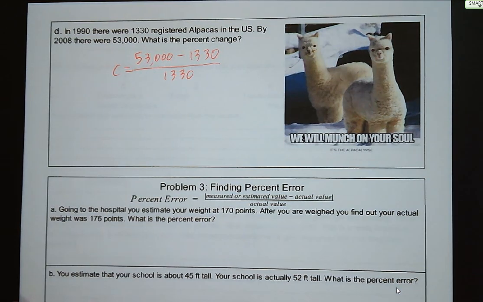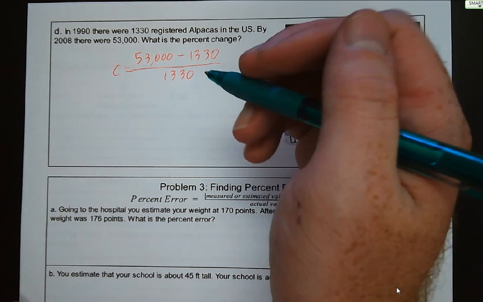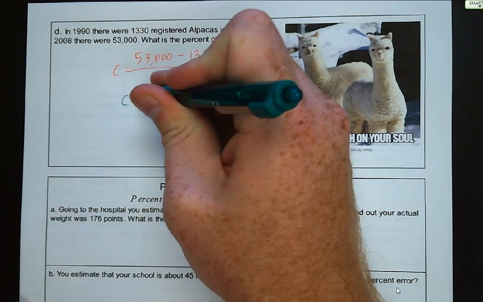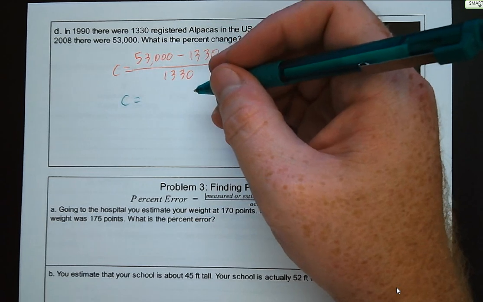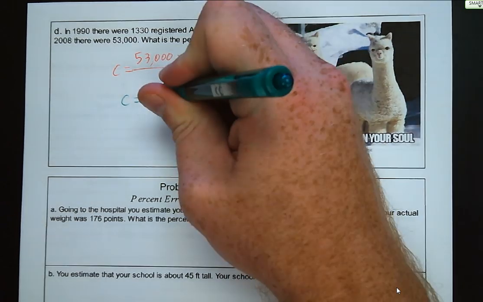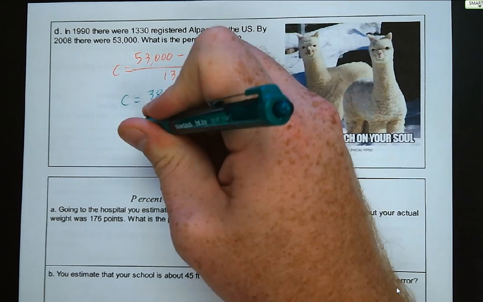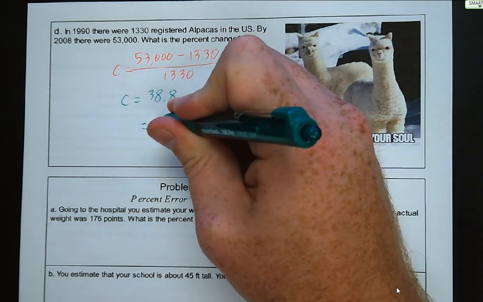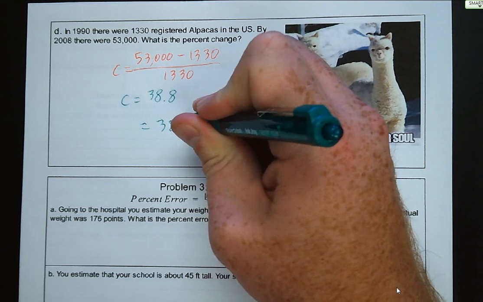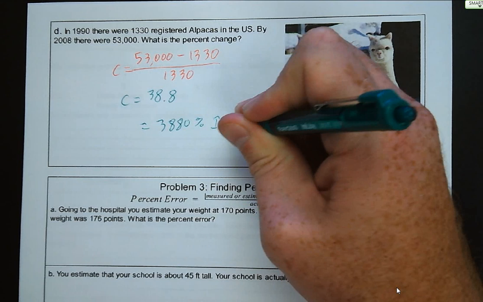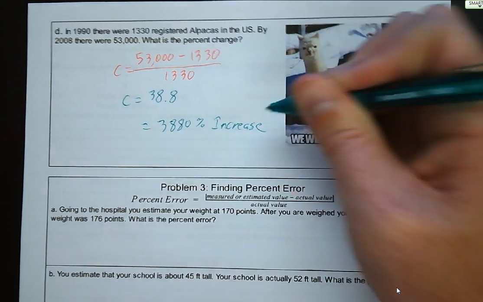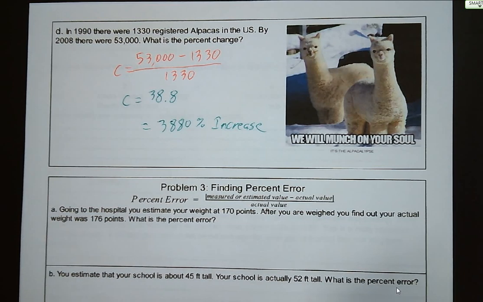Subtract 53,000 minus 1,330, and then divide by 1,330, and we find that C is equal to 38.8, which means it is a 3,880% increase in the population of alpacas in the United States over an 18-year span.